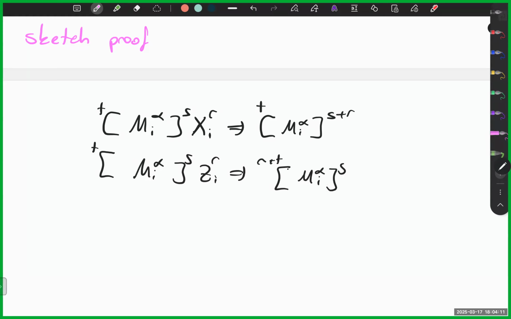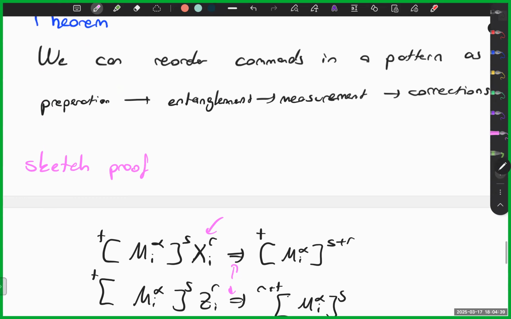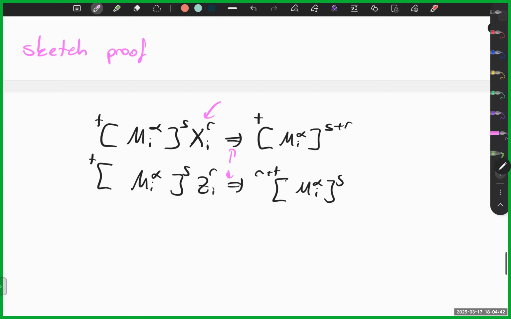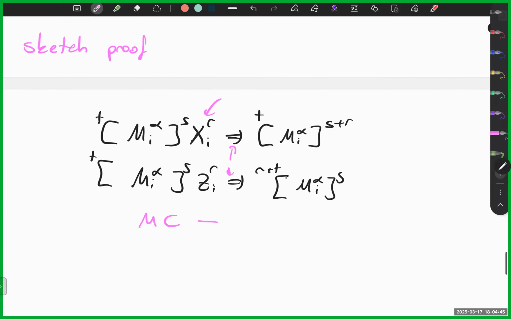I'm using these arrows because those are not equalities, but since we defined the measurements as destructive ones, they will have the same realization. So it basically says that if a correction appears before the measurement, we can just merge it into the measurement. So if we have a measurement and correction, it will be just a measurement. We call it the MC rewrite rules.